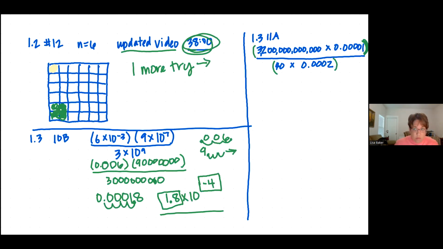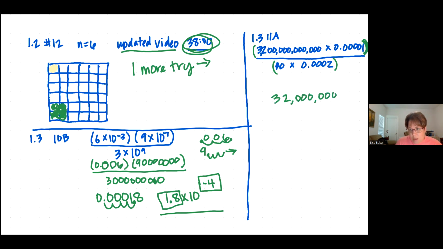Okay, so what I got here when I did this numerator, let me go select my pen. Oh my goodness, why can't they save my pen? Okay. When I did my numerator and I did this really long number times this 0.00001, I got 32 with 6 zeros.